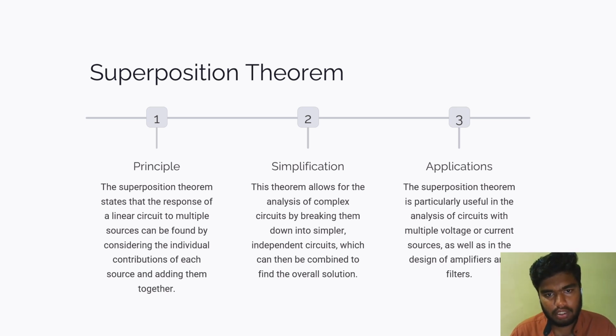This theorem allows for the analysis of complex circuits by breaking them down into simpler, independent circuits which can be combined to find the overall solution. It is particularly useful in the analysis of circuits with multiple voltage or current sources, as well as in the design of amplifiers and filters.